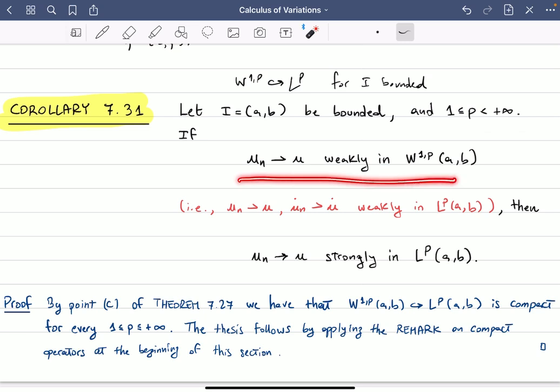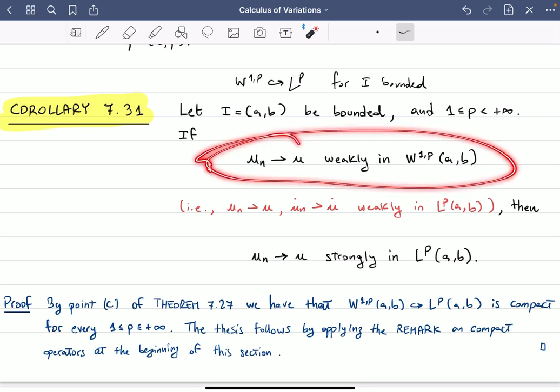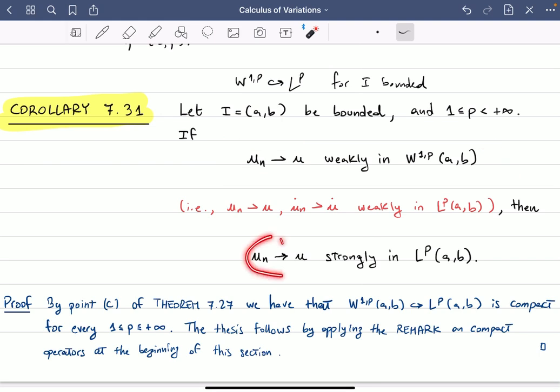Assume that UN is converging to U weakly in W1P, meaning that UN converges weakly to U and UN dot converges weakly to U dot. So this is the definition of weak convergence in W1P. Then from this we deduce that actually this convergence is strong, so that UN converges to U strongly in LP. So this is telling you that the weak convergence in W1P is equivalent to asking strong convergence of the functions and weak convergence of the derivative.